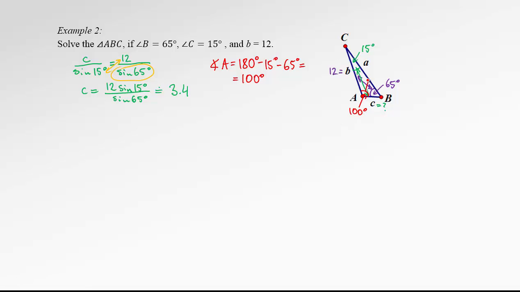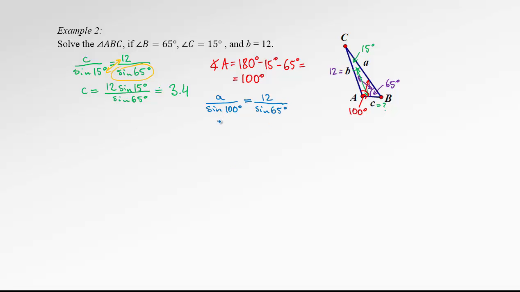And now we can use the proportion that will involve this pair: A over sine of 100 degrees equals, let's compare it to the given pair of data, which is 12 over sine of 65 degrees, right?